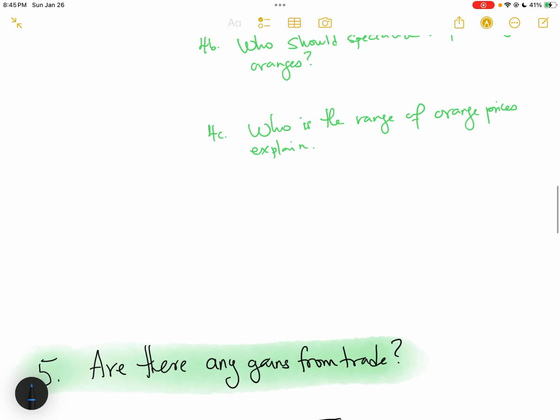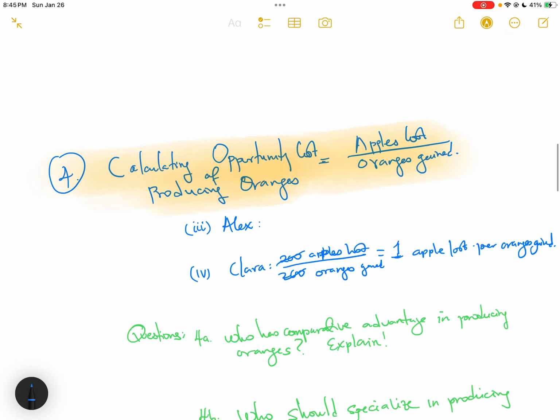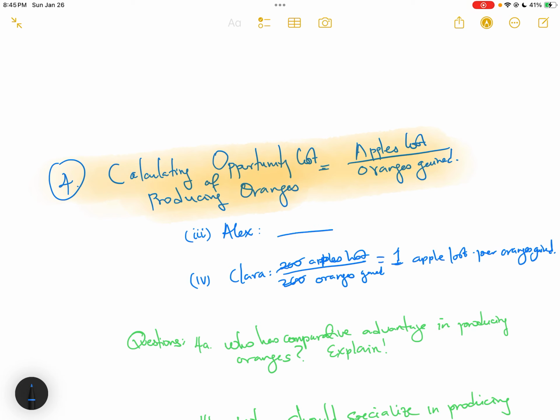So keeping those 2 numbers in mind, we are going to come here: 300 oranges gained, 100 apples lost. See that? So when you do the math, it's going to get us to 1/3 of an apple lost per orange gained.